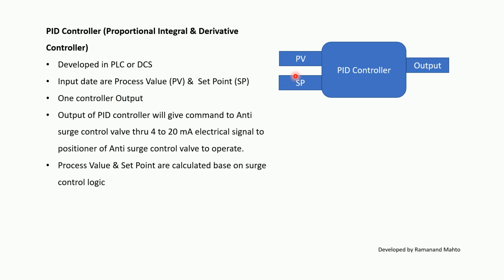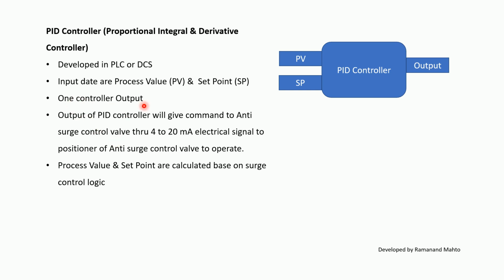The input data is normally the process value, PV, and the set point, SP. Based on these it compares which is more or less, and based on that it generates an output, which is again a 4 to 20 signal. Of course, the PID will generate 0 to 100%, but the PLC card output will give a 4 to 20 signal to the control valve.